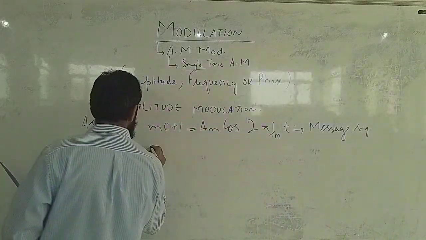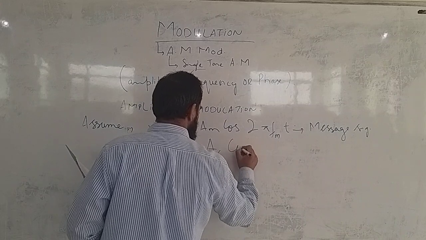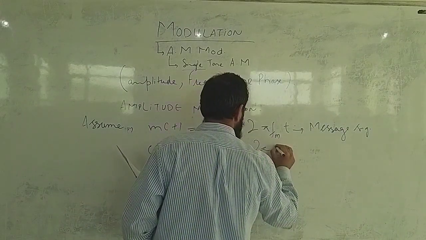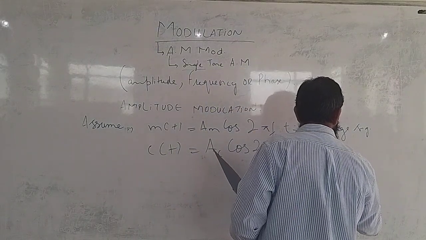Another signal as C of T, that is denoted as AC cos of 2 pi FCT, that happens to be the carrier signal.